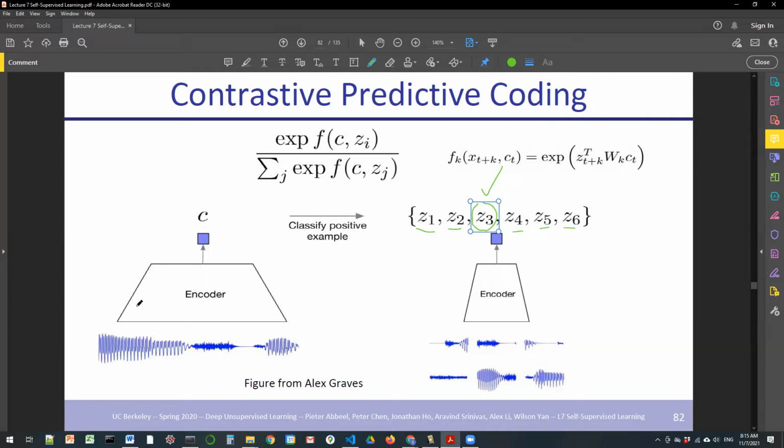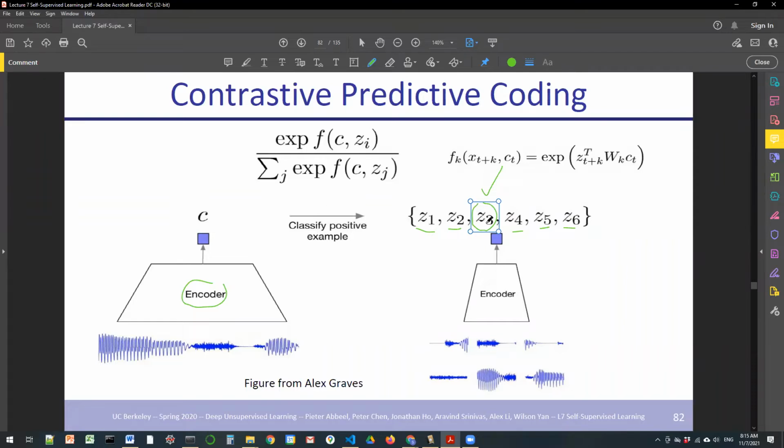And to the extent that the setup for CPC is able to do that successfully, then the representations that the encoder learns, if we now take out the encoder from this kind of a setup and use it to perform our downstream tasks, we expect those representations to be able to do downstream tasks really well, or at least that's the goal.